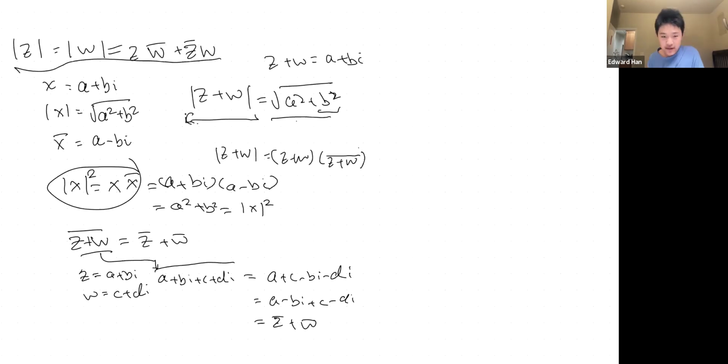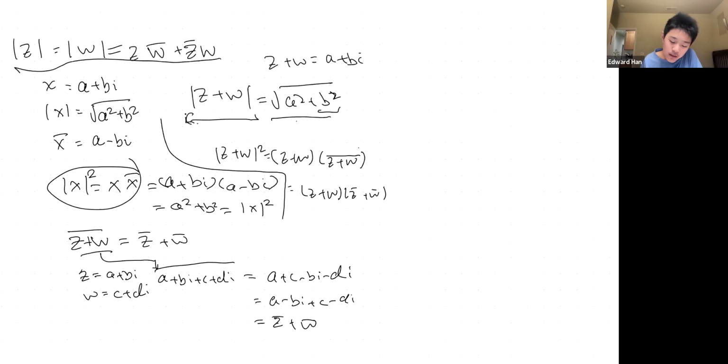So we can calculate this and further simplify it by using the second property.